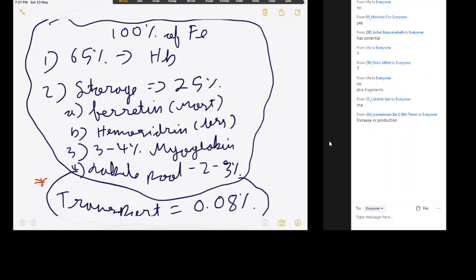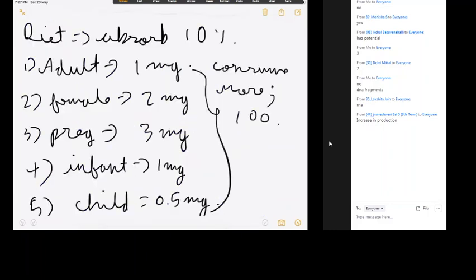Okay, now we'll come to diet. Why is this so important? Because they'll tell you the recommended daily allowance, how much iron your body requires to make sure all the functions are carried out. When you take 10 milligrams as elemental iron and consume it, only 10% is absorbed.